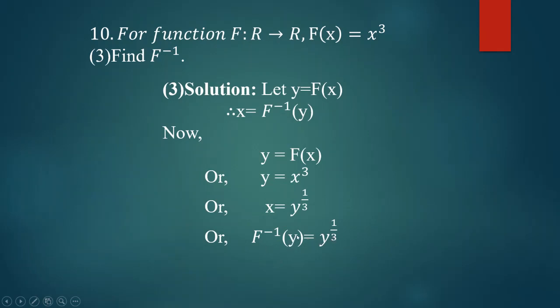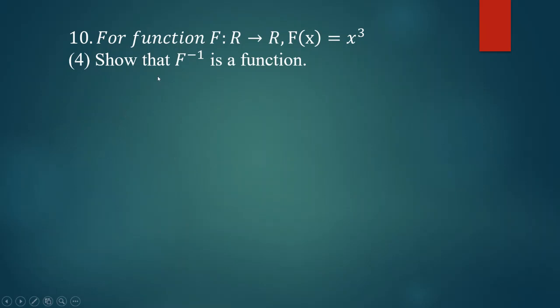Now we place x in place of y, then we get f inverse x equal to cubic root of x. And this is the inverse function of this function. So clear? Here f inverse is the inverse of this function.